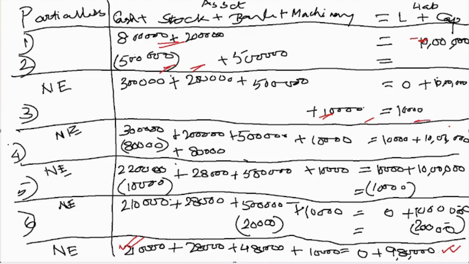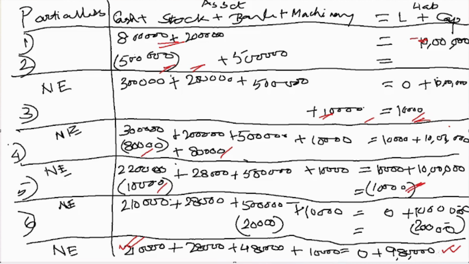And over here in the fourth equation, what we see is here it's a 80,000 and here it's a 80,000, plus and a minus. So it's equated once again. Here it's a minus 10,000 for the fifth equation, and here it's a minus 10,000 once again.